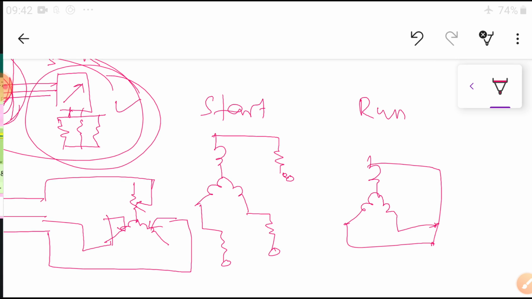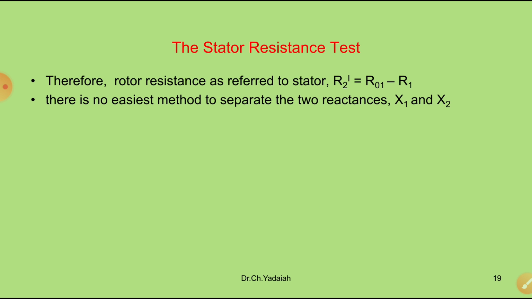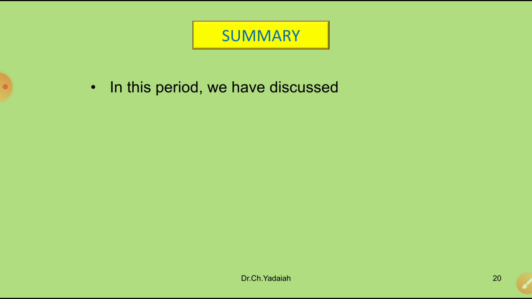Dear students, I think you have understood how to do the no load test, blocked rotor test and rotor resistance test on induction motors, whether a squirrel cage induction motor or a 3-phase induction motor. Let us summarize. On completion of this period, you should know how to do the no load test, how to find R0, X0, the no load power factor and all values.